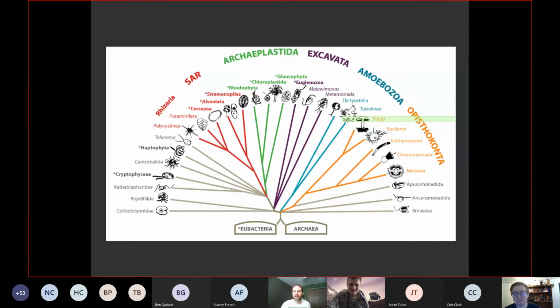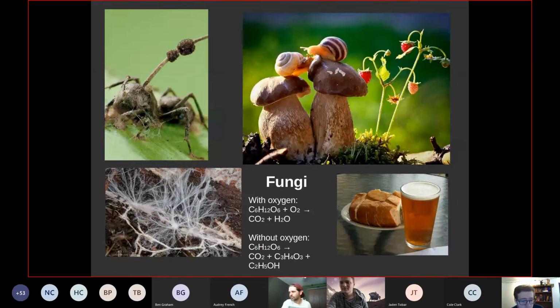And then let's take a look at fungi. Another group here. Okay, these are pretty famous, right? They do a lot of biochemical hard lifting for us humans. Beer and bread are both from yeast.